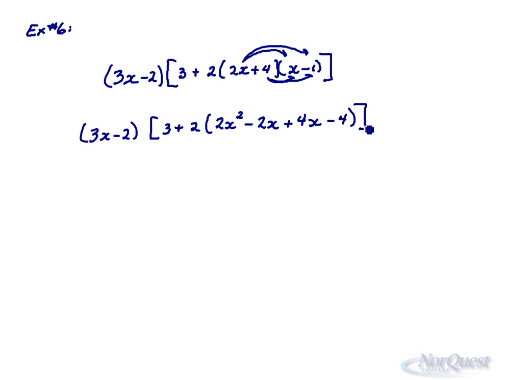Now some people like to collect at this stage and then multiply. That's one of the things I like to do. I always like to simplify as I go if I can.